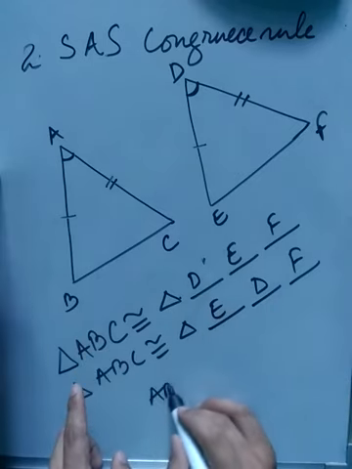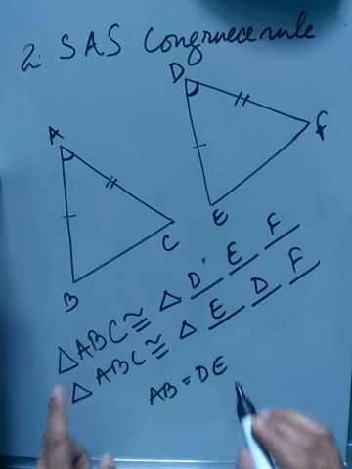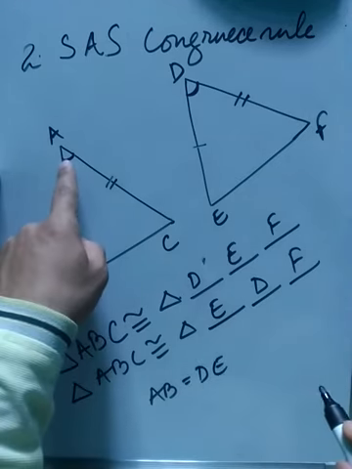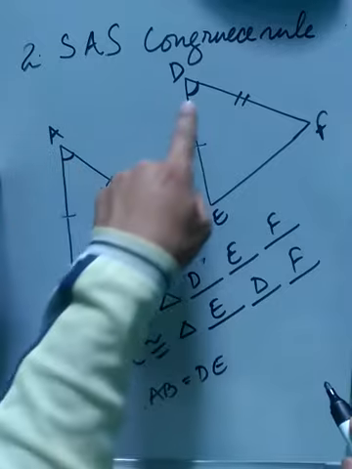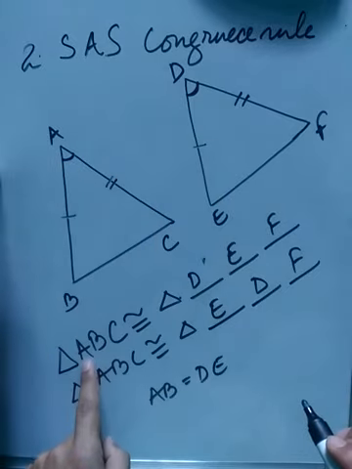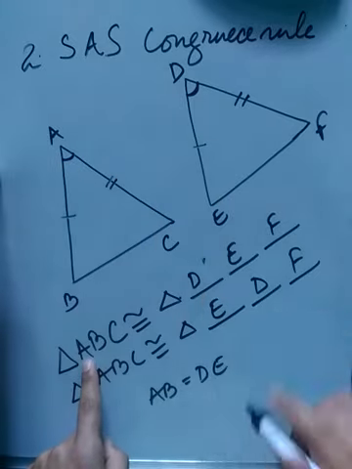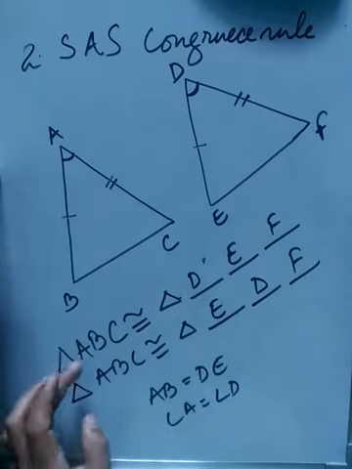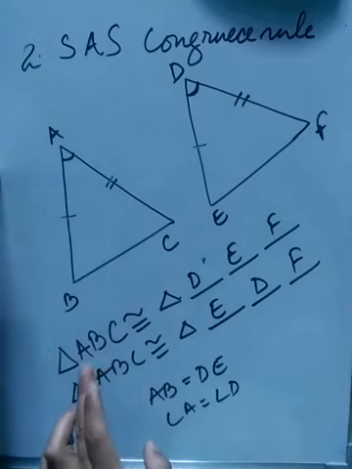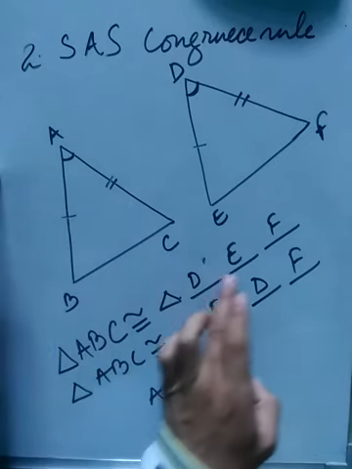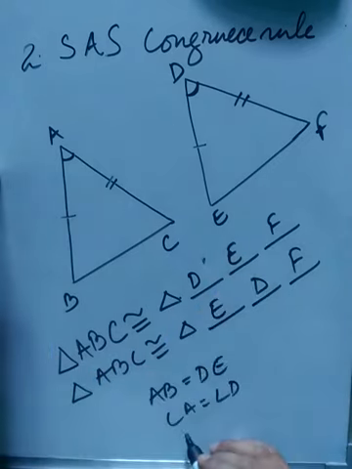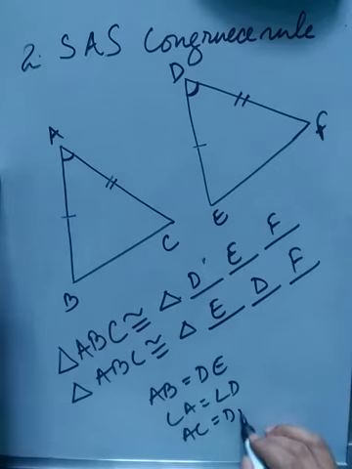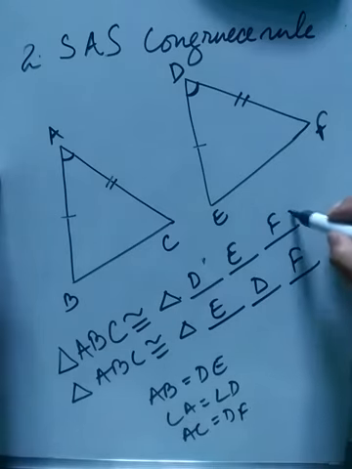Correct, that is still okay. Next, angle A equal to angle D. Angle A means first one, here also first one, then angle D. Next AC, AC means first and the last, DF. Now this order is correct.